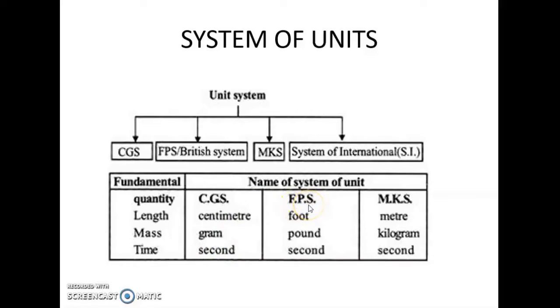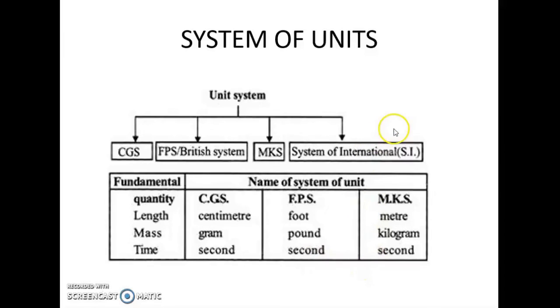Next is FPS system, where length is expressed in foot, mass is expressed in pound, and time is expressed in second. So it is foot, pound, second system of units. And the next one is MKS system, where length is expressed in meter, mass in kilogram, and time in second. So it is meter, kilogram, second system of units.